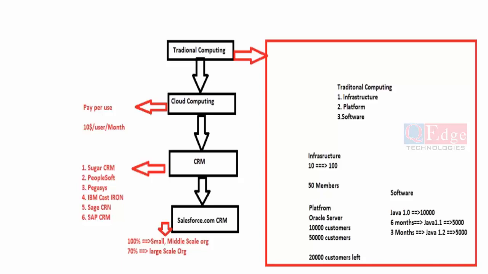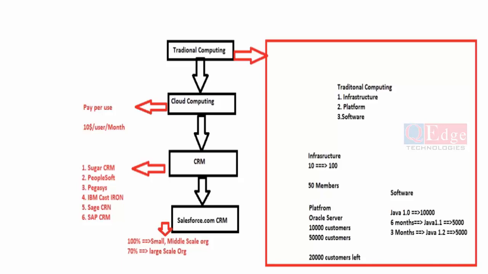If it is a bigger project, it would be 1 year. So the development lifetime for any project would be a maximum of 3 to 6 months in Salesforce. These are the differences in terms of CRM. There is a reason why most clients use Salesforce to build their applications.